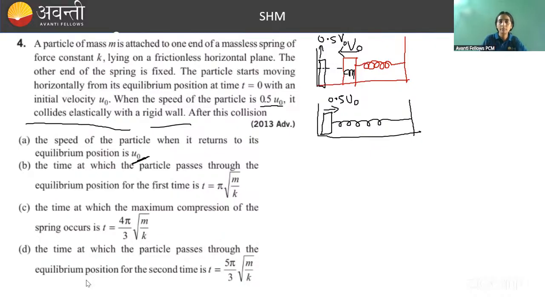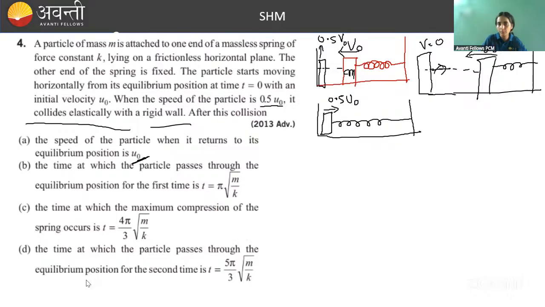If you look here carefully, तुम ध्यान से सोचो कि तुम्हारे पास एक स्प्रिंग है, ठीक है? ये वॉल है और ये स्प्रिंग है. ऐसे you are giving it velocity u naught in this direction. It will go up to extreme position. Let's say there is no wall, so it will go up to extreme position where velocity will become zero, and then because of the force of a stretched spring, it will start moving in this direction, and gradually it will start gaining the velocity, and then there will be a position where its velocity will be 0.5 u naught in this direction.